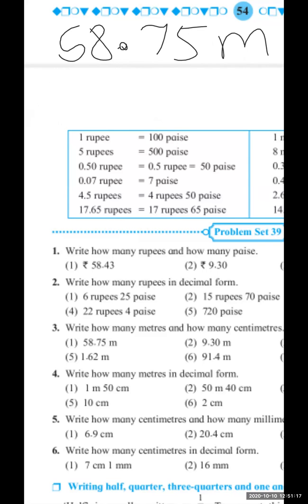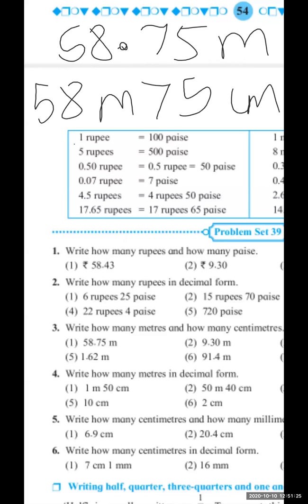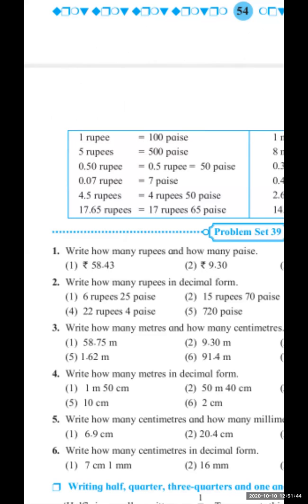So here 58 is a whole number, so 58 is meter and 75 is a fraction, so 75 is centimeter. 58 meter 75 सेंटीमीटर. डेसिमल फॉर्म को हम लोग ने नॉर्मल किया. पहला क्वेश्चन है कि डेसिमल फॉर्म को नॉर्मल में लिखना है और सेकंड वाला क्वेश्चन है कि नॉर्मल को हम लोग डेसिमल फॉर्म में लिखना है. सो हियर 58 मीटर एंड 75 सेंटीमीटर.